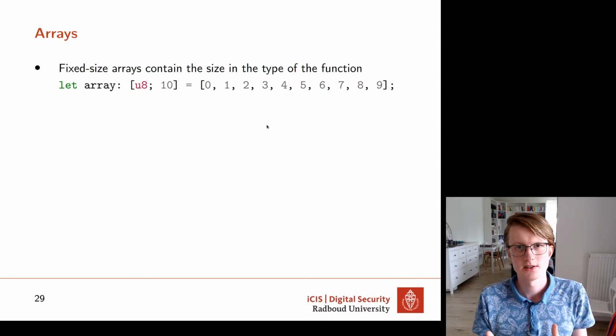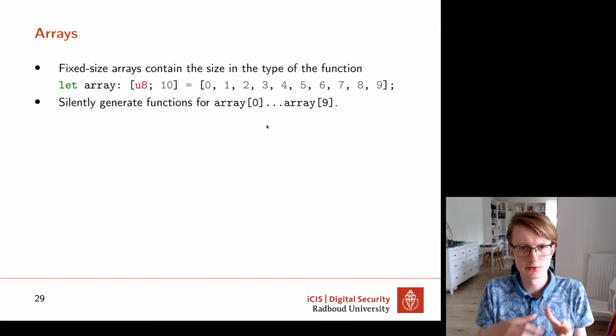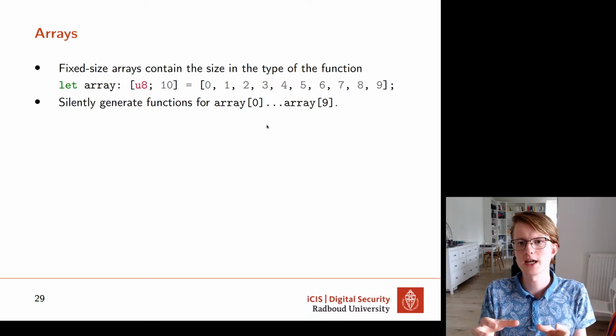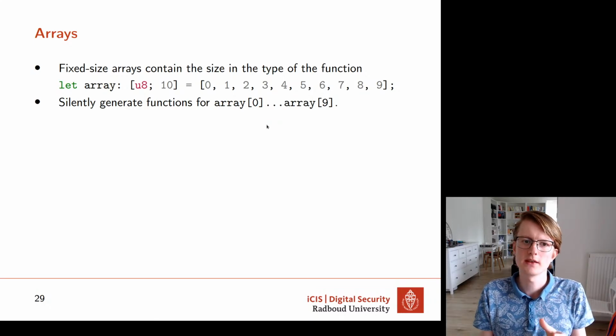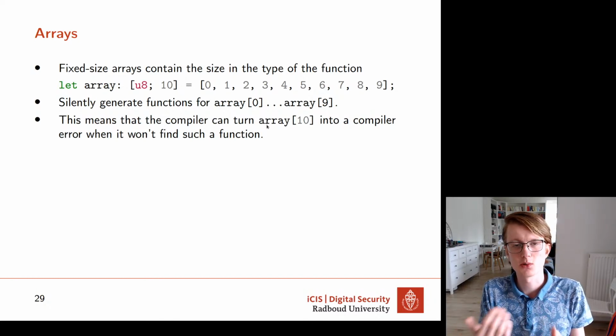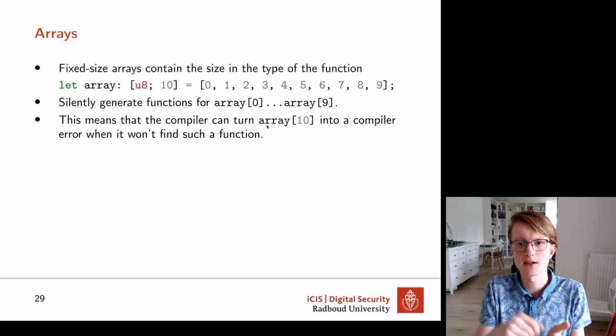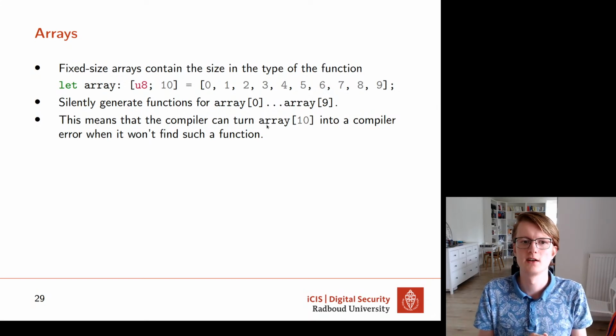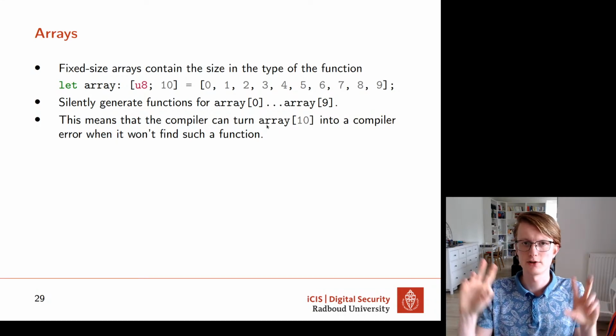And what does this allow you to do? Well, you can generate functions for all of the array accesses. That will mean that when you write something like array 10, that turns into a compiler error because it cannot find that reference into the array, because it won't have generated that function.